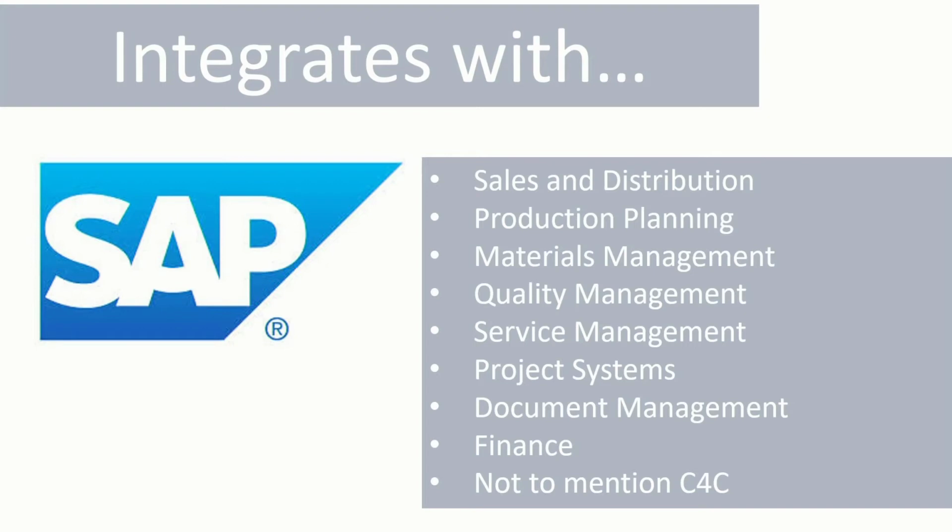We automatically schedule the production orders in our design. It goes into materials management. We feed VC characteristics into materials management, so we can order custom glass off a third-party supplier, for example. If you had quality management, there's some integration there. Service management, there's some integration there we don't use.